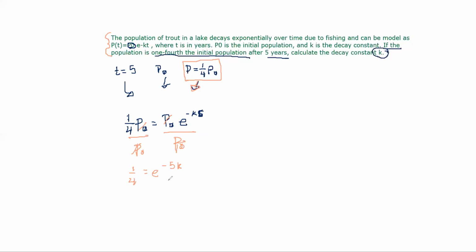My calculator is in my backpack right now. So if somebody has a calculator, I'd appreciate it if you pulled that out to do this. But you take the natural log of both sides, which would cancel out that e, to bring that down. And we know that this is equal to 1. So k is equal to the natural log of 1/4 over negative 5.